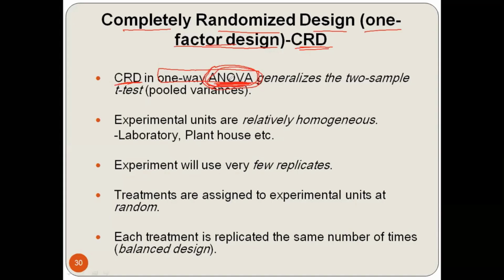So this one-way ANOVA generalizes the two-sample t-test. Can you remember we said two-sample t-test, right? When you talk about the two-sample t-test, can you remember it?